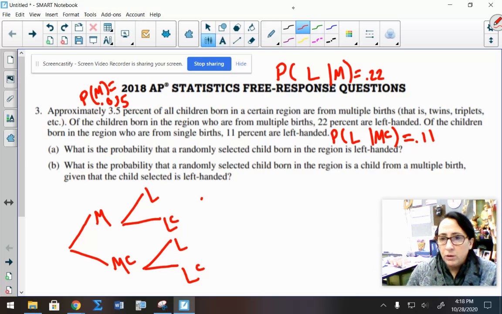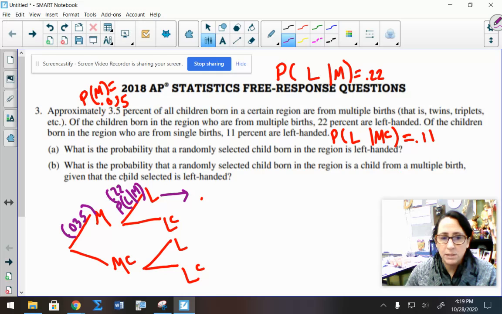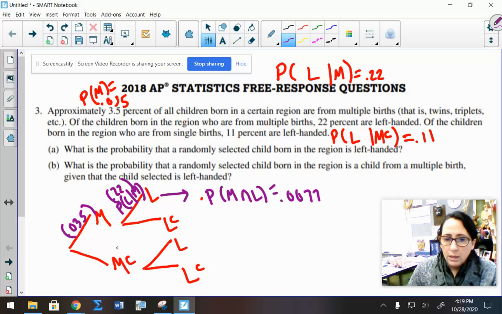The probability of multiple births goes right here. This one is the probability of left-handed given multiple births, which is 0.22. When I multiply these two probabilities, I get the probability of multiple births and left-handed. Multiplying that out, I get 0.0077.